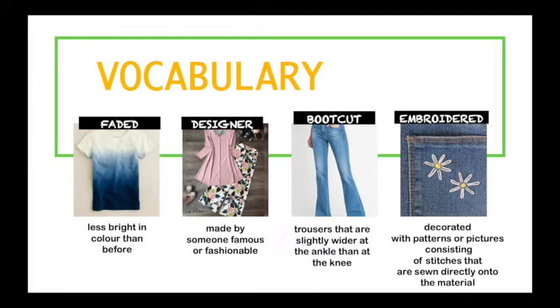Then we've got bootcut, that is generally used for jeans or pants. In the same way that we have skinny jeans, we also have bootcut jeans, for example. And then embroidered is when you see that something has been sewn onto the fabric to make a pattern of some kind. Okay, so let's see the other words.